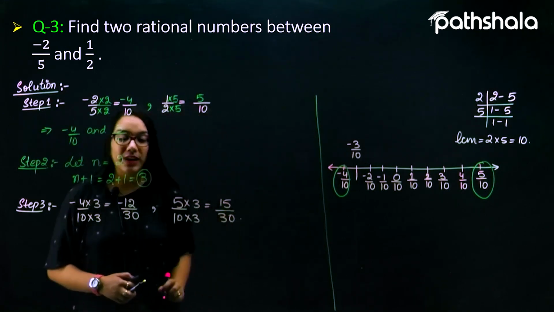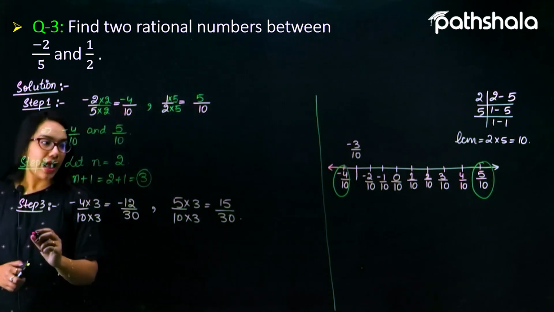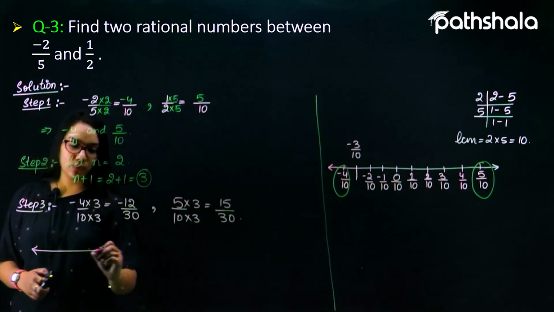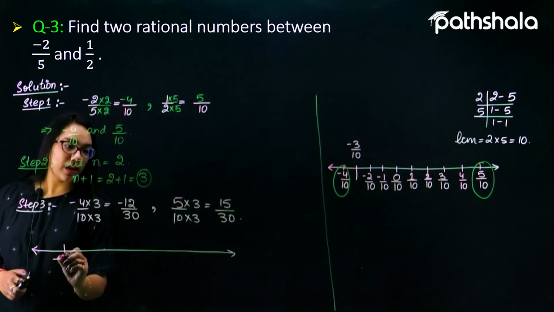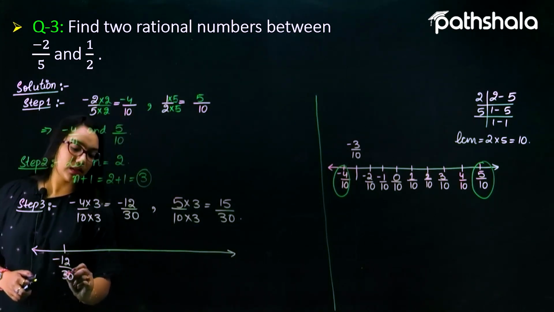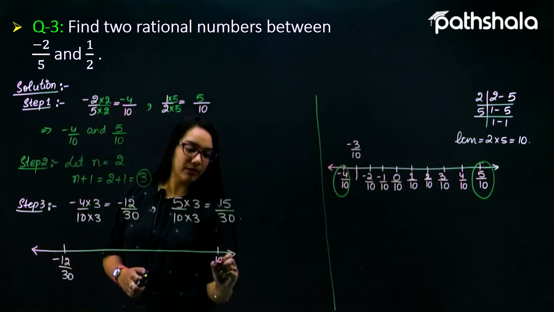So between -12/30 and 15/30 you can find the rational numbers.